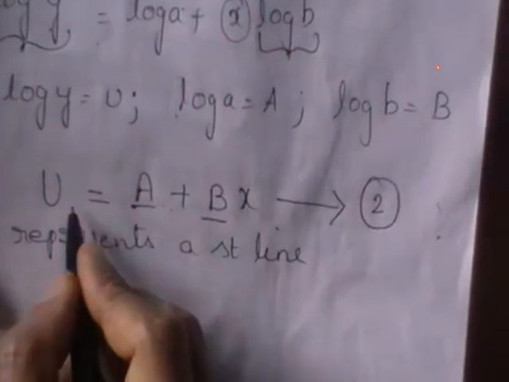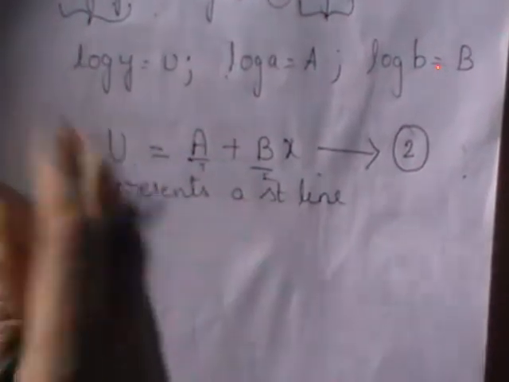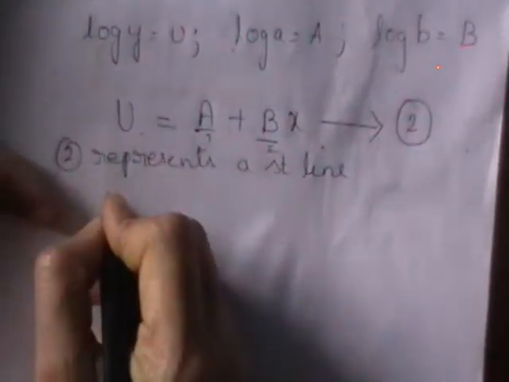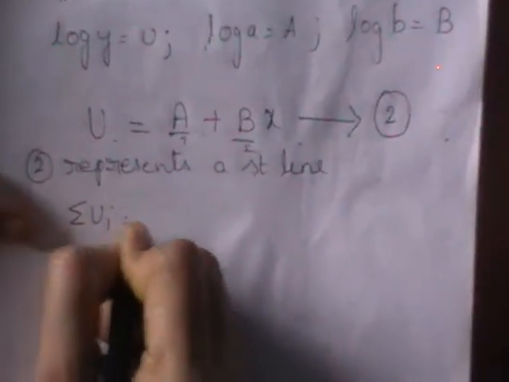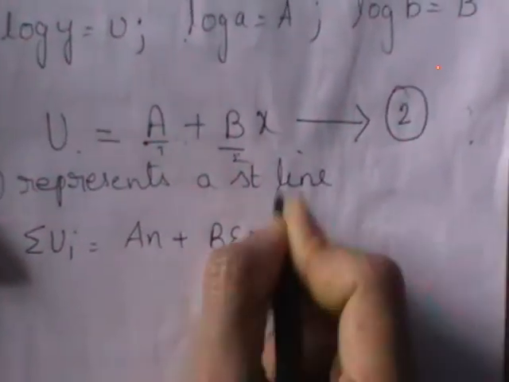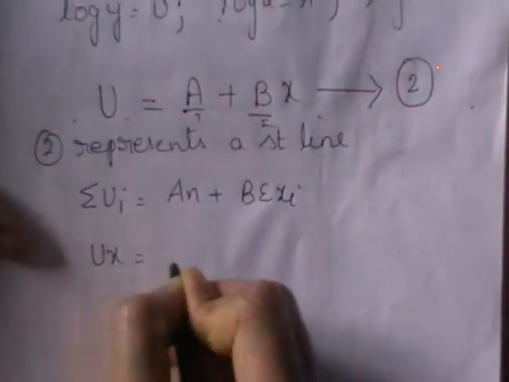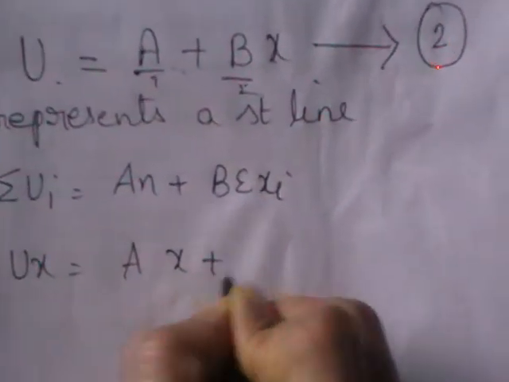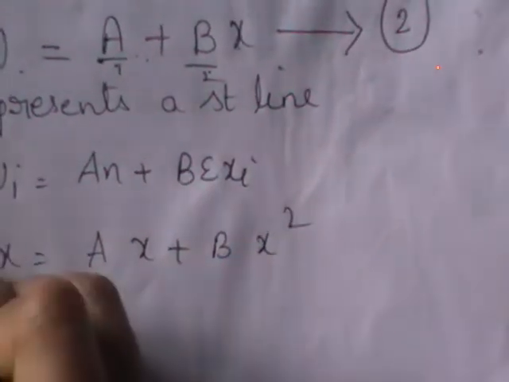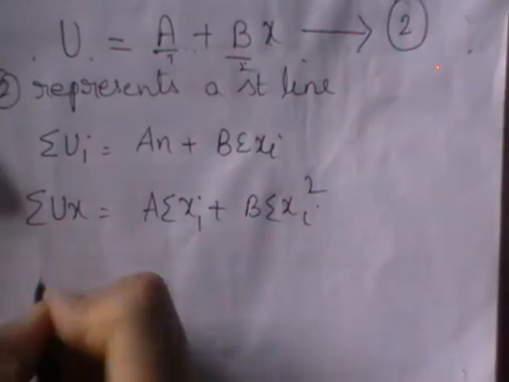How do you write the normal equations? As I said earlier, you will get 2 normal equations, one with respect to A, one with respect to B. Those will be sigma ui is equal to nA plus B sigma xi. B coefficient is x. You multiply both sides with x. Sigma ui xi is equal to A sigma xi plus B sigma xi square. You take summations before the variable. So these are the 2 normal equations.